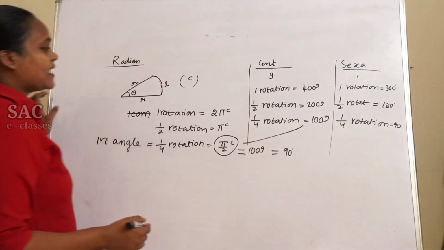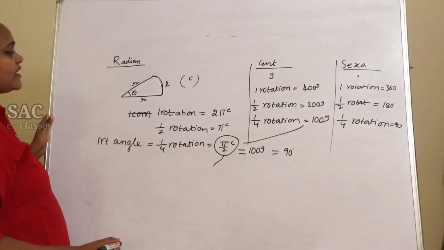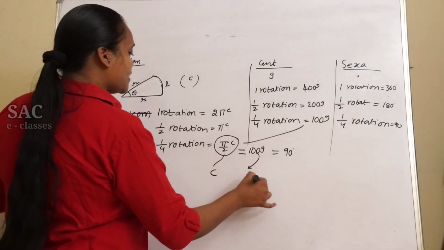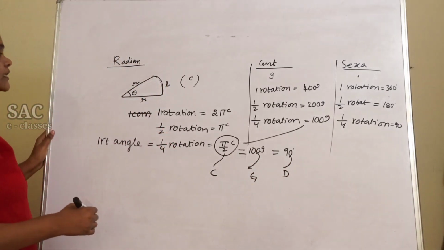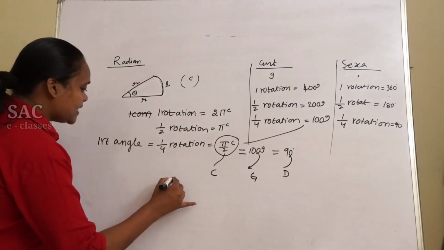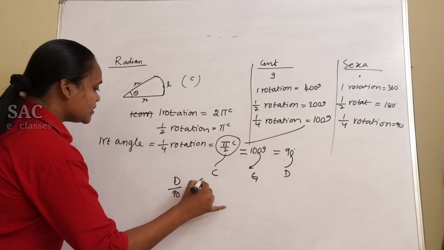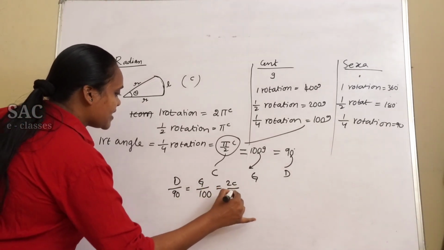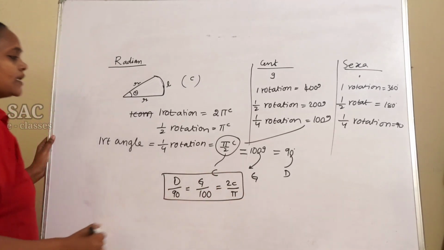equal to 90 degrees. If we measure the radians in terms of C, the grades in terms of G and the degrees in terms of D, the relationship among all three methods is D by 90 degrees is equal to G by 100 is equal to 2C by pi. This is the relationship among all.